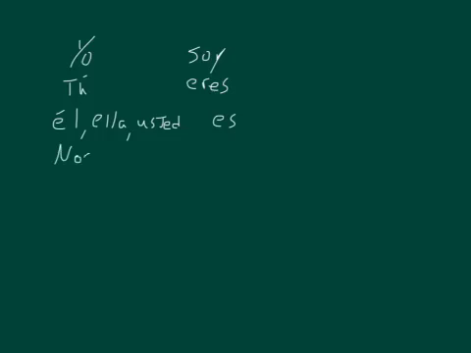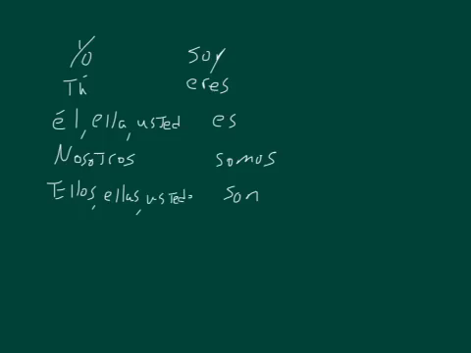We is nosotros, and are would be somos. We are nosotros somos. They, being a group of guys, would be ellos son. They, being a group of just girls, would be ellas son. All of you are would be ustedes son.